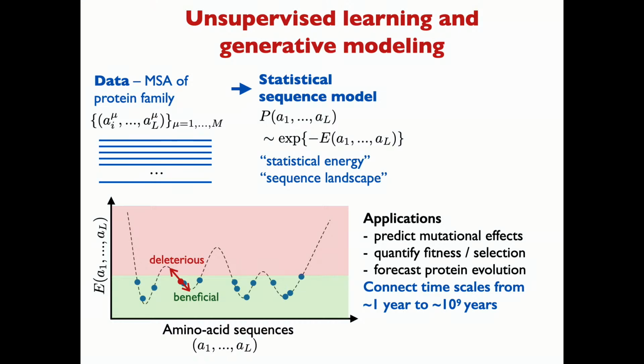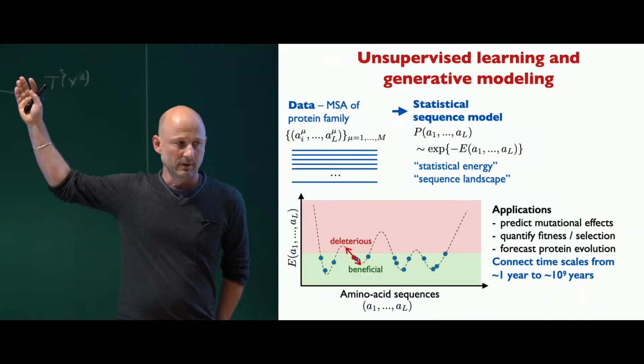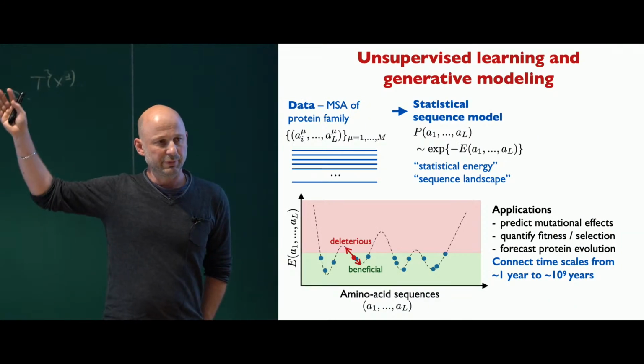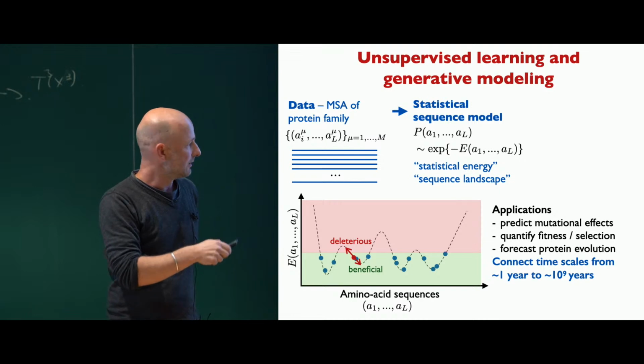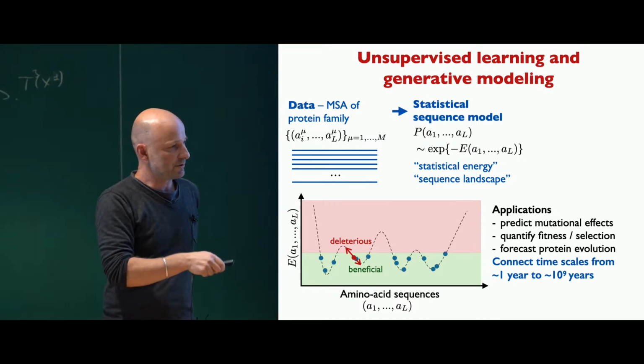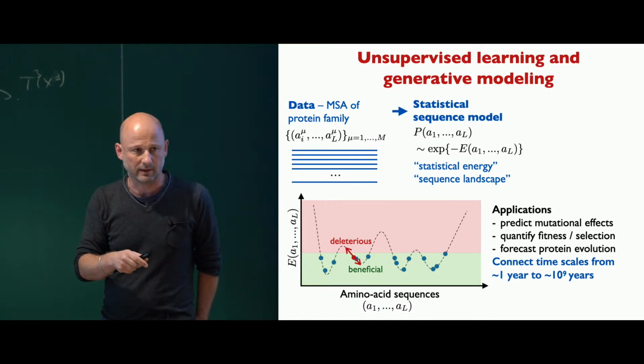But what is kind of non-trivial here is that these sequences which we have taken come from a very broad range of species. So they are representative of hundreds of millions, billions of years of evolution. And a single mutation is something comparable to 1 year.